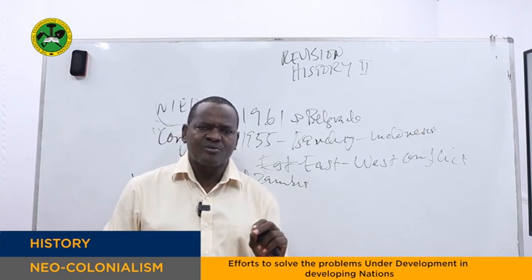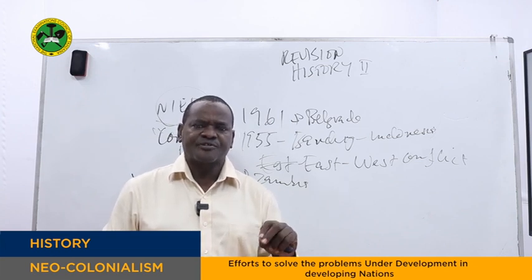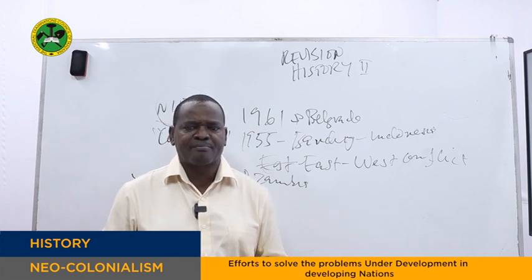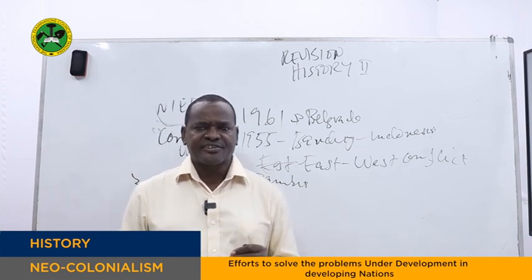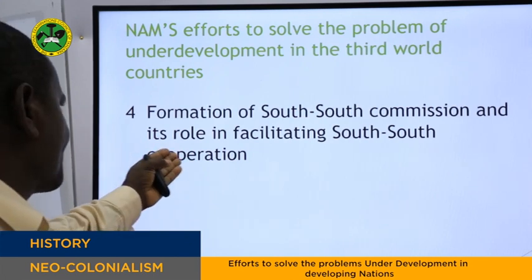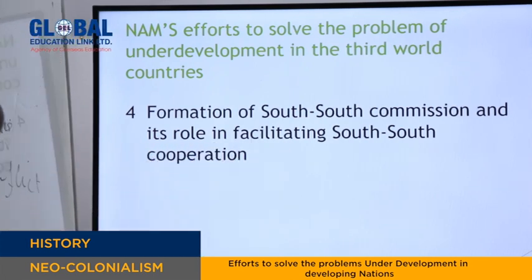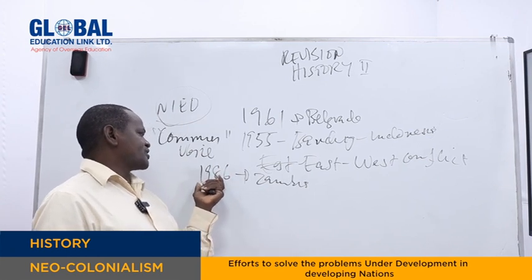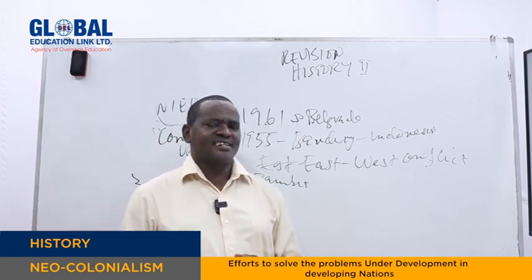The North-South dialogue was conducted after the proposal given by the Brandt report, which was prepared and written by Willy Brandt, the former Chancellor of West Germany. So what came out of it was the formation of the South-South Commission in Zambia, during the Non-Aligned Movement Conference of Lusaka in 1986.